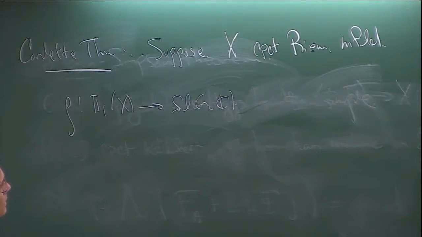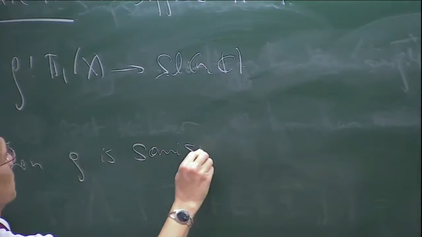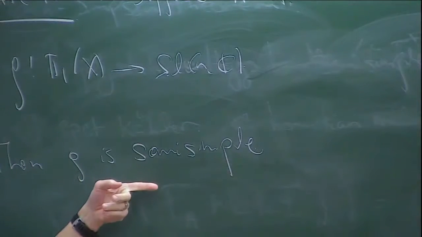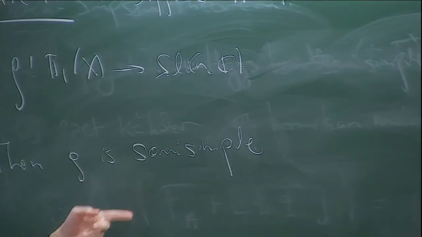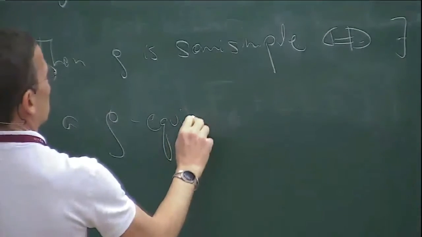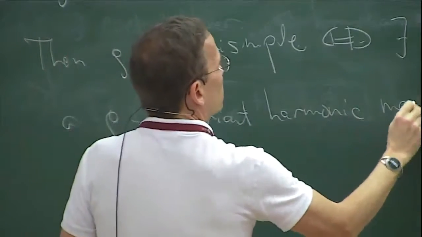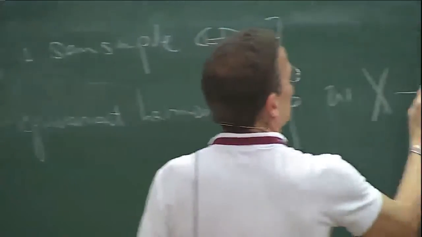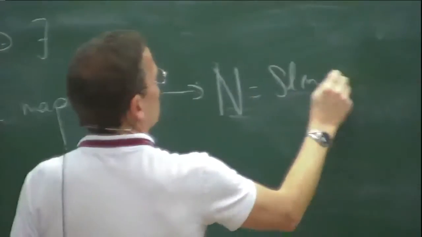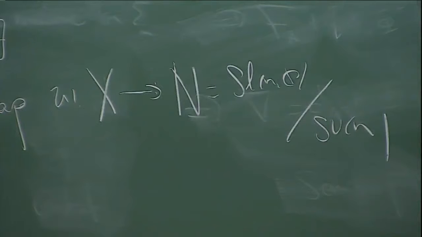Then rho is semi-simple, by which I just mean a direct sum of irreducible representations, if and only if there exists a rho-equivariant harmonic map from the universal cover, X tilde, to the symmetric space.